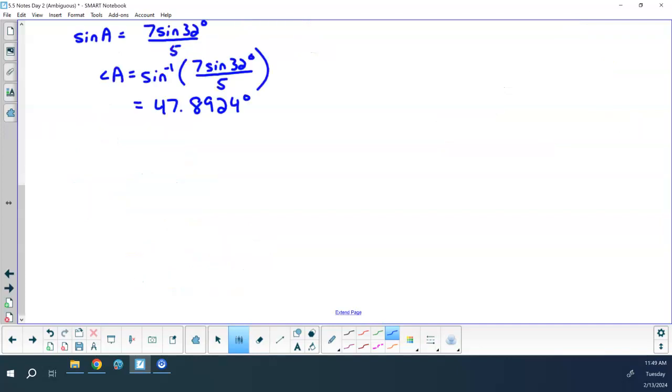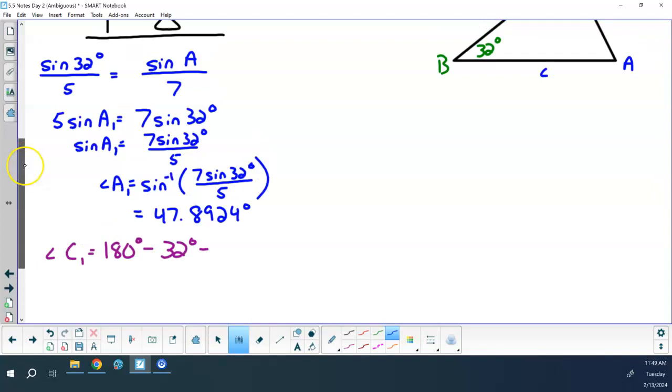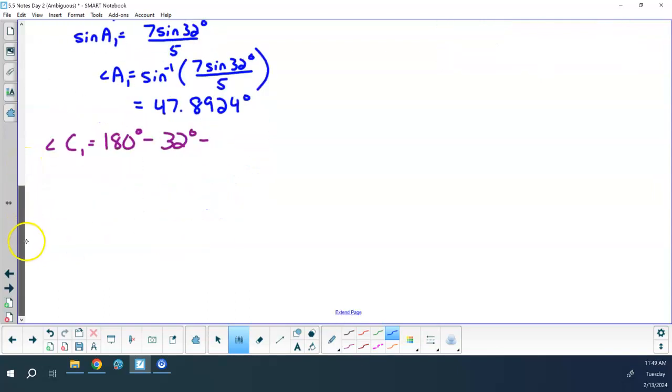Then we can find angle B. Oops, sorry, angle C. Forgot to put in my sub ones here because there's going to be two of every one.